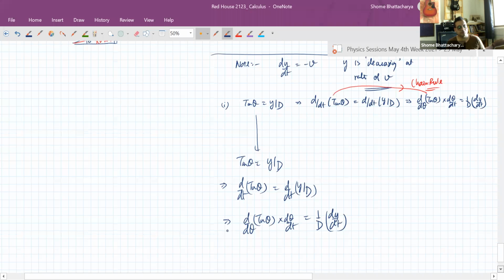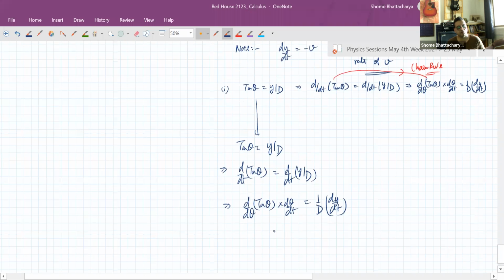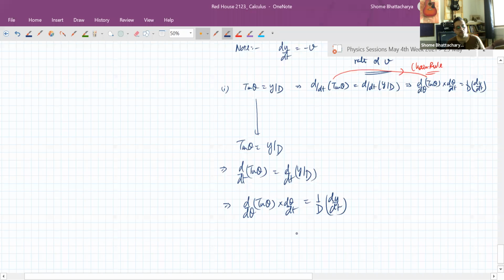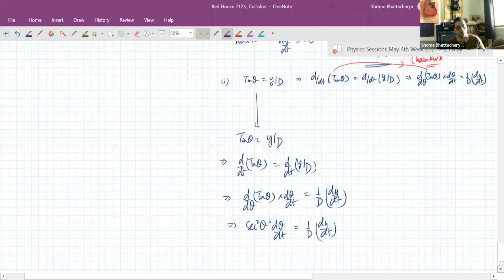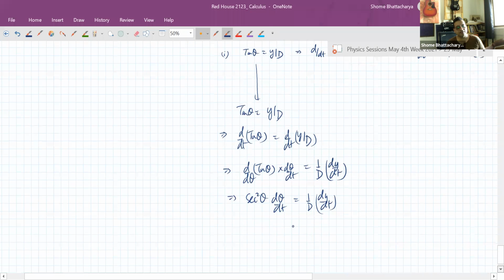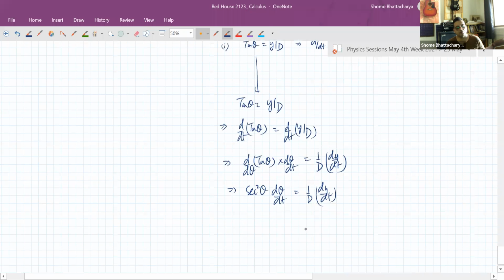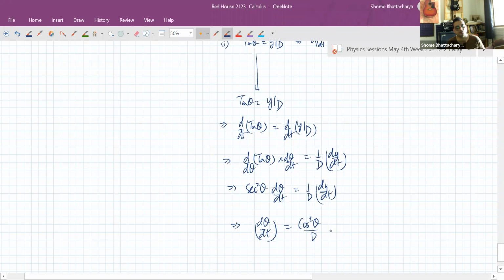So this is our relationship: sec square theta into d theta by dt is equal to 1 by D into dy by dt. Now we want to find d theta by dt, and dy by dt is given to us. So d theta by dt will become 1 by sec square, that is cos square theta by D. So this is the relationship between the two rates of change.